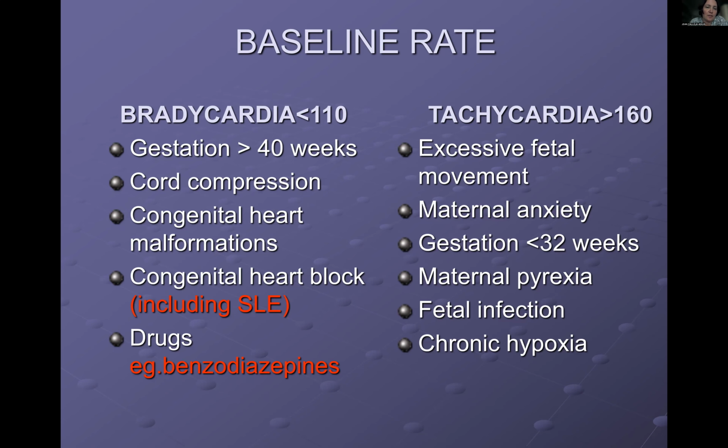Unfortunately, the antibodies, which are antinuclear antibodies, can cross the placenta from the mother to the baby and attack the innervation of the heart and lead to congenital heart block, and even drugs or medications that the mother might be on, like benzodiazepines, which are used for psychiatric conditions.